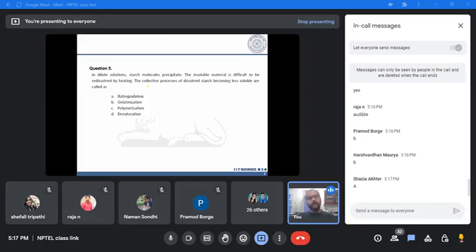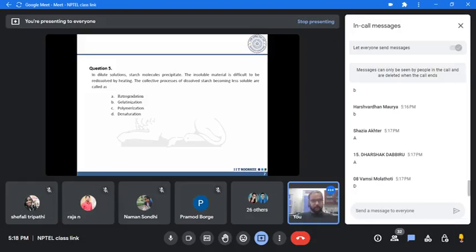Then we cool it, or leave it so it gradually cools down. It attempts to regain its earlier formation, but it is difficult to redissolve or regain that initial structure. So what is that process called? You can answer in the chat box. What will be the answer?